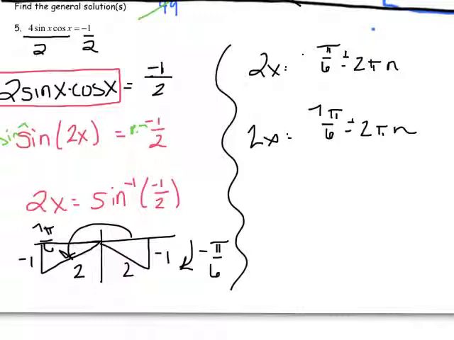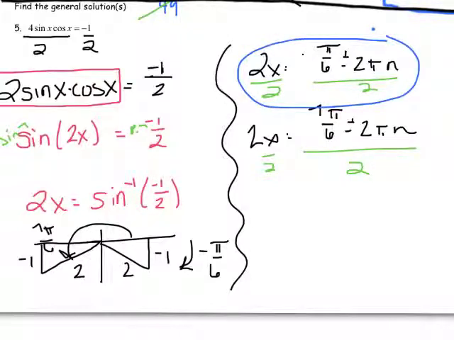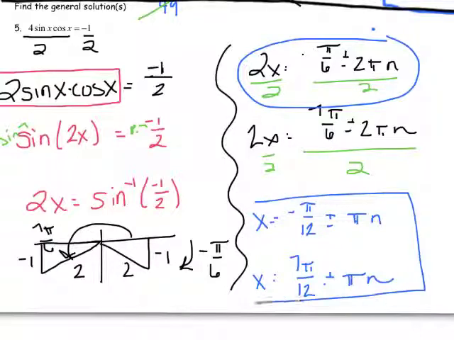Now the goal is to get x completely by itself, so in order to do that I do need to divide by 2. So when you do, divide the entire side. So you get x equals, and dividing by 2 is the same thing as multiplying times half. If you take something divided by 2, you're splitting it in half. So that's negative pi over 12 plus or minus pi n, and 7 pi over 12 plus or minus pi n. And that's it for your general solutions.